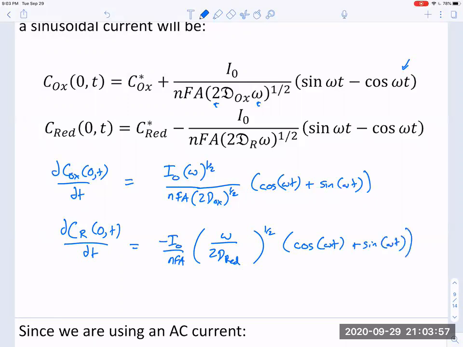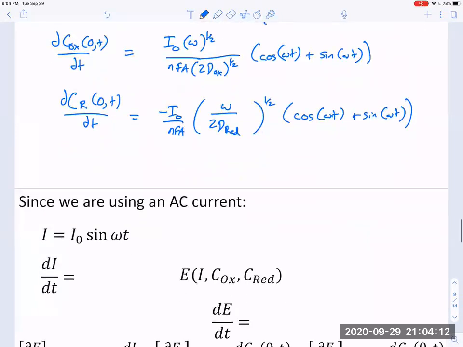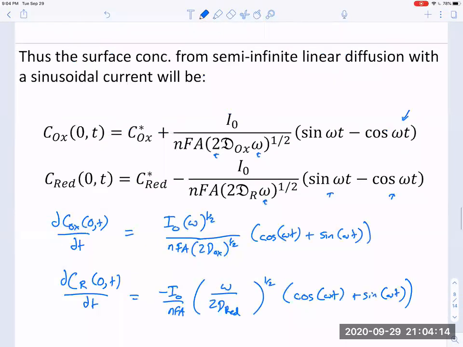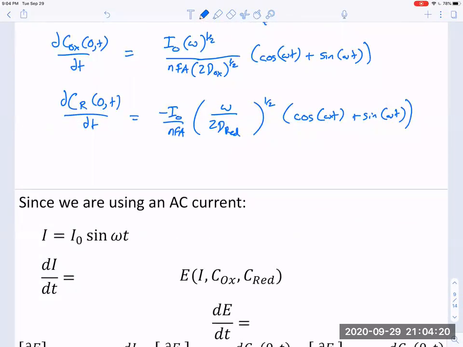All that's happening is we're taking the derivative of these terms. That's where the extra omega is coming out. It's canceling with this omega on the bottom. That's where we're getting an omega to the 1/2 in the numerator. So now we have the concentration as a function of time at the electrode surface, and then the change in the concentration with respect to time at the electrode surface.